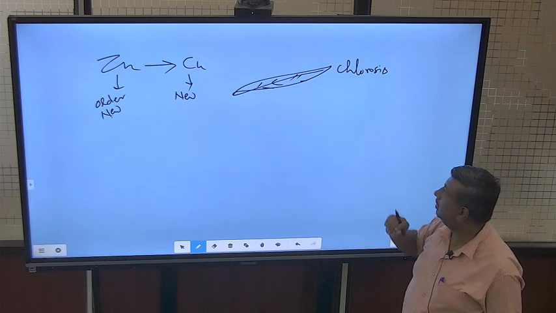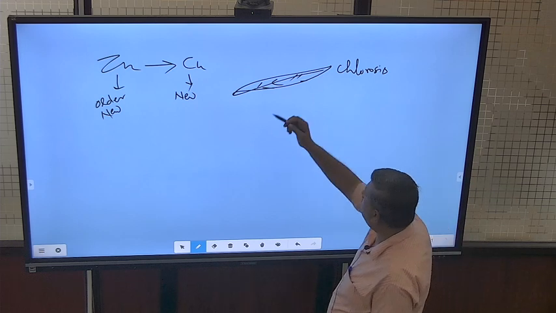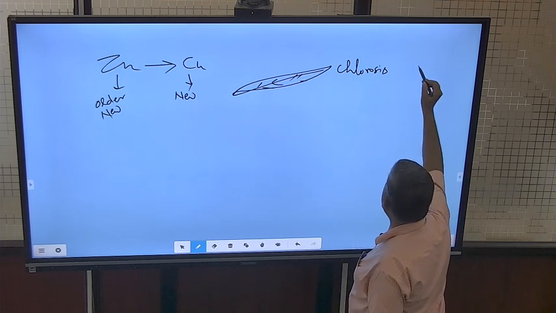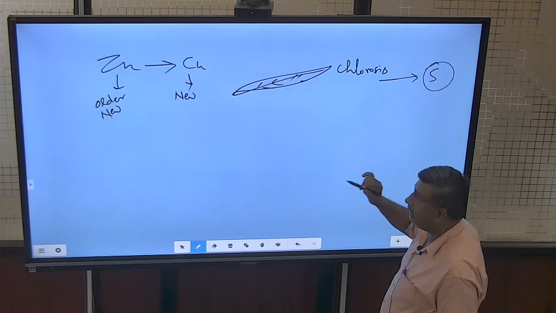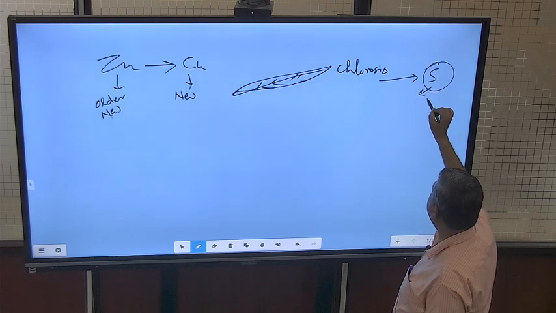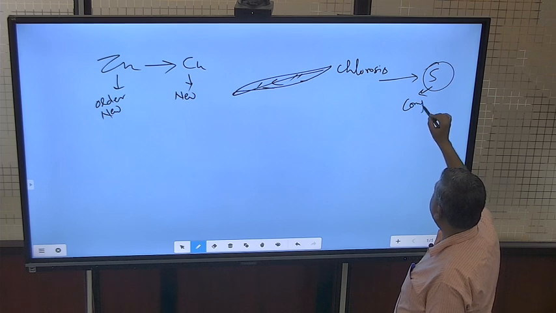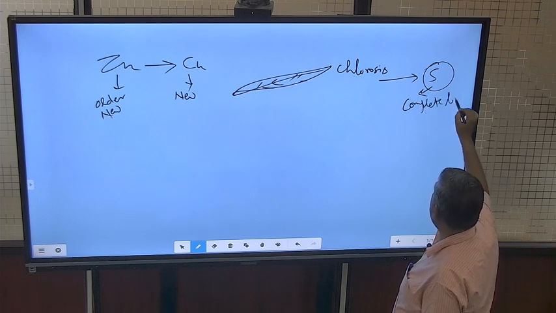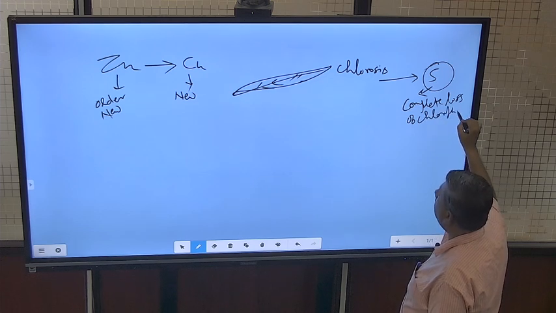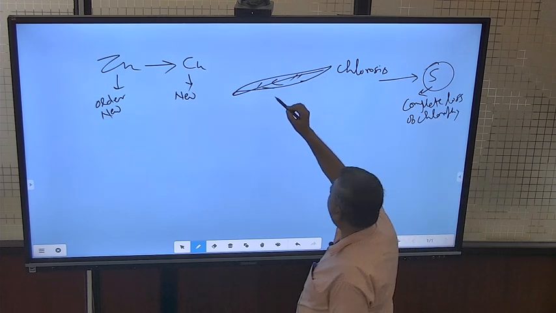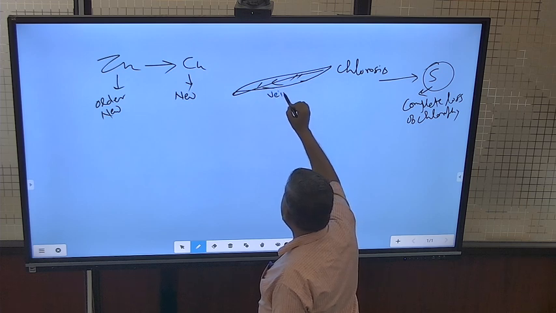So, it is general chlorosis, and this chlorosis is similar to sulfur, but in case of sulfur there is complete loss of chlorophyll. But here in copper, the veins are slightly green.